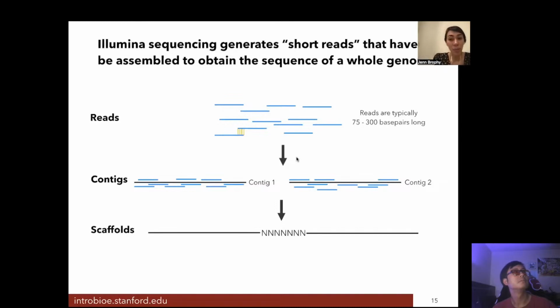Now, one of the problems with Illumina sequencing is that it generates short reads. So it can only read DNA sequences that are around 75 to 300 bases long. And that's okay, except 75 to 300 bases is not a lot of bases of DNA.